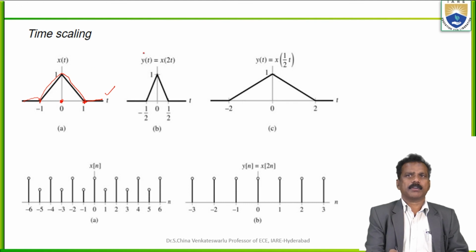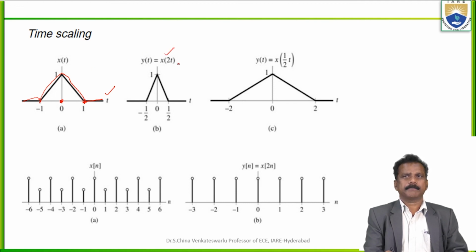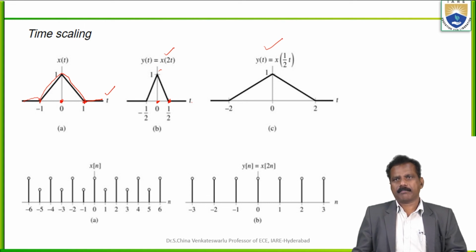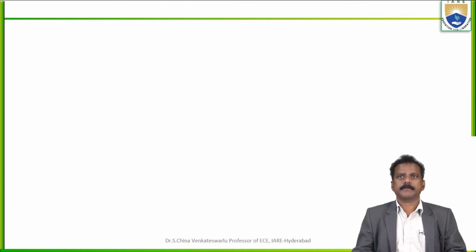Coming to y of t equal to x of 2t, the origin is 0, and y of t equals x of 2t is plotted like this. This is how x of n and y of n are specified in time scaling.